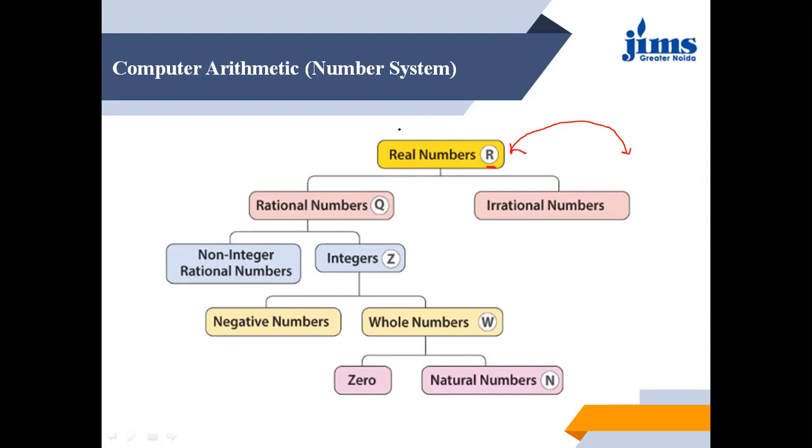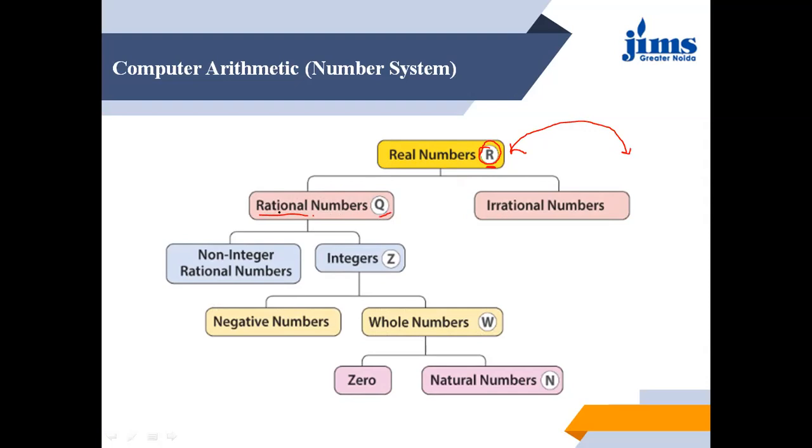The real number system is represented by R. This real number system divides into two parts: the rational number system, represented by Q, and the irrational number system.